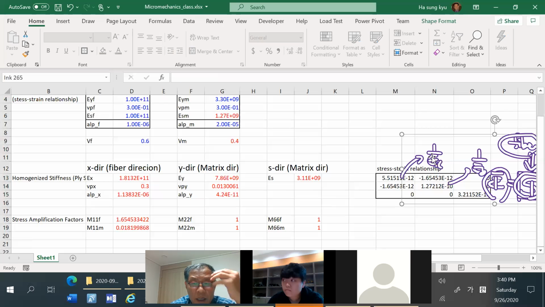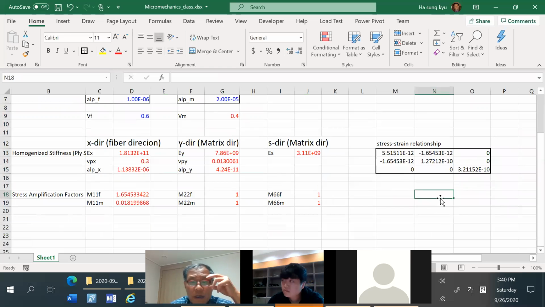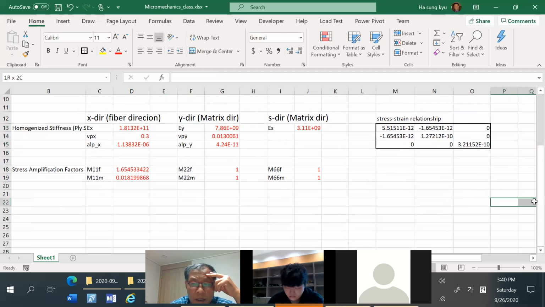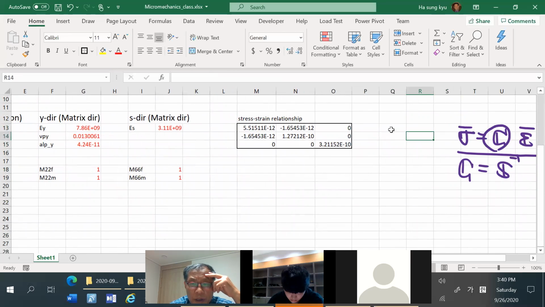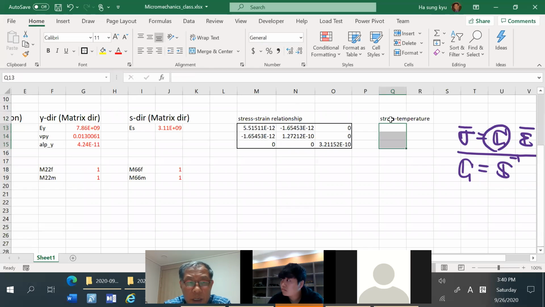And this is the stress-strain relationship. And also here we need to have strain versus temperature. And this is alpha x.